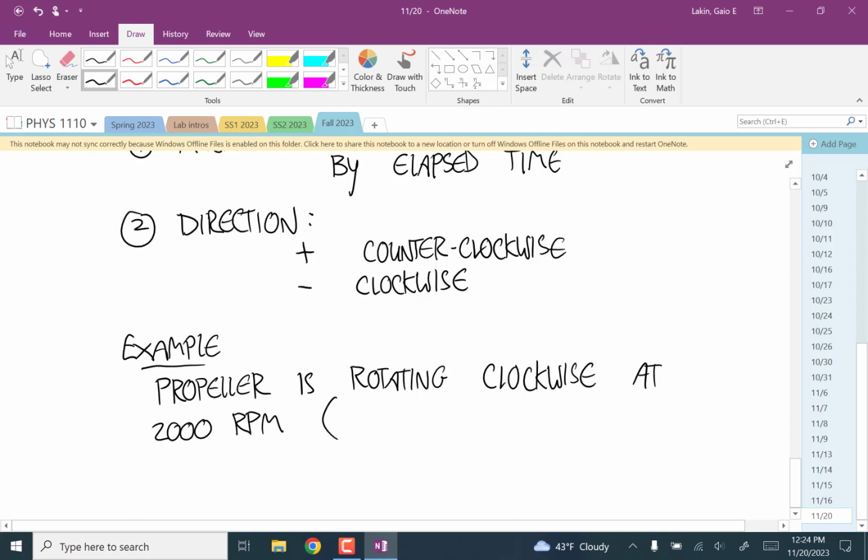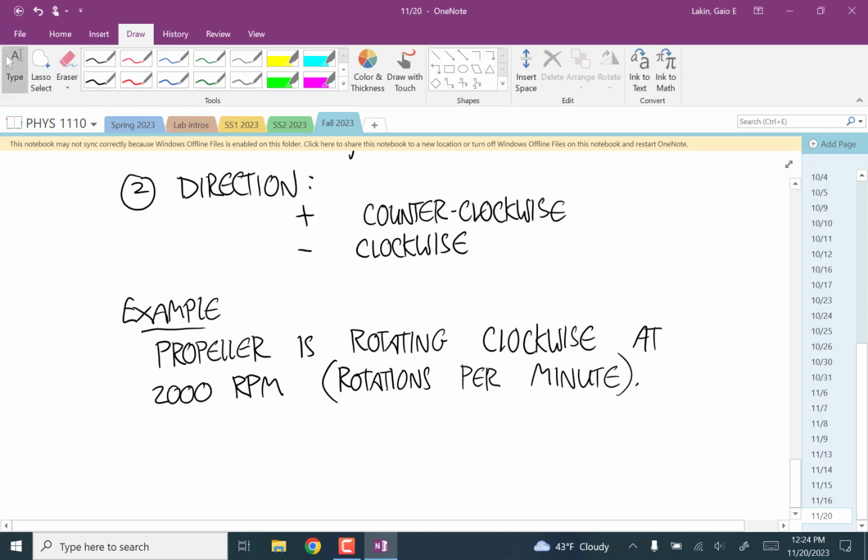And RPM stands for rotations per minute. And the question is, what's the angular velocity of the propeller in radians per second?